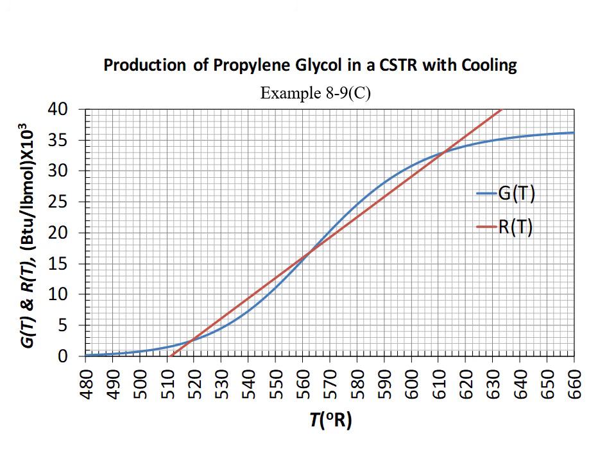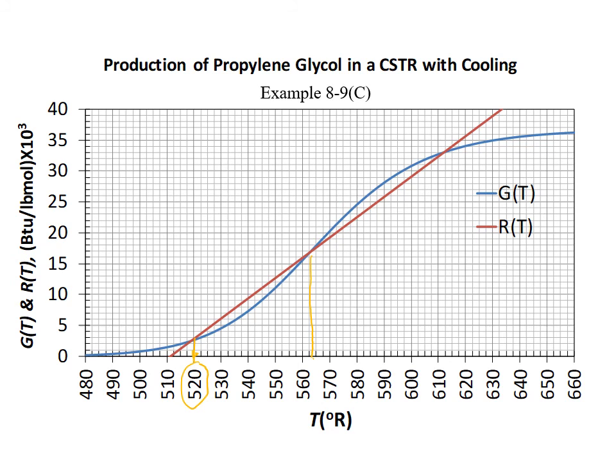It's very simple to read the steady state temperature. Let's read it together. This is the lower steady state temperature. You go vertically down, and that's around 520. This is the middle steady state, slightly larger than 560, so maybe that's 562.5 or something like that.